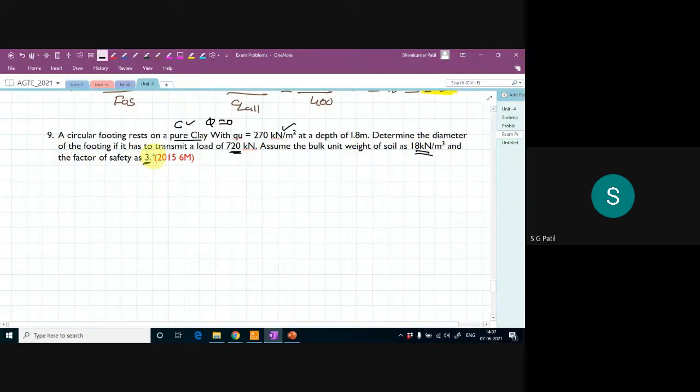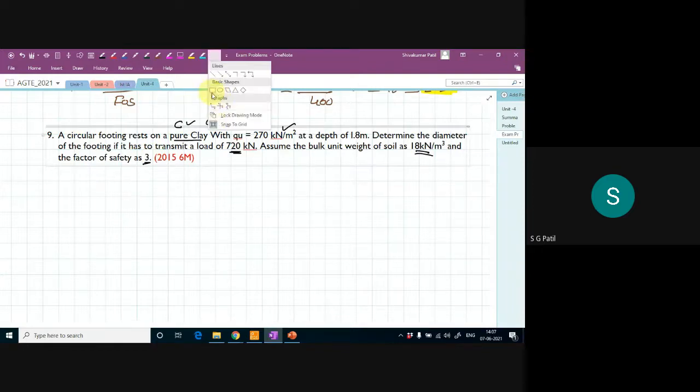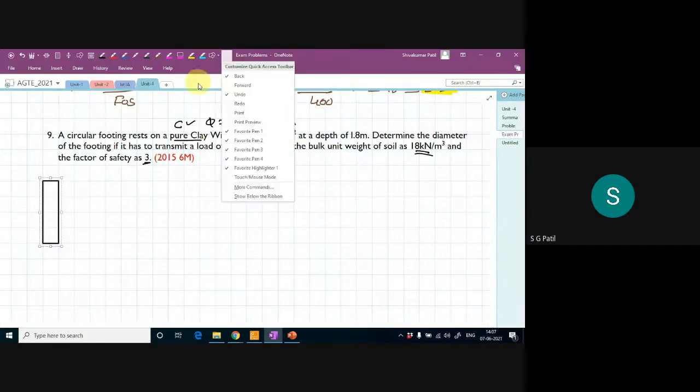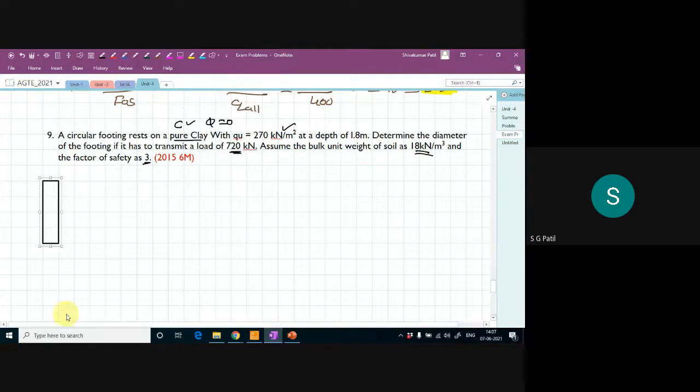Okay, so let me draw the figure. This is my circular footing. In the sectional view, it won't look circular. Only in the plan view will you see the circle.